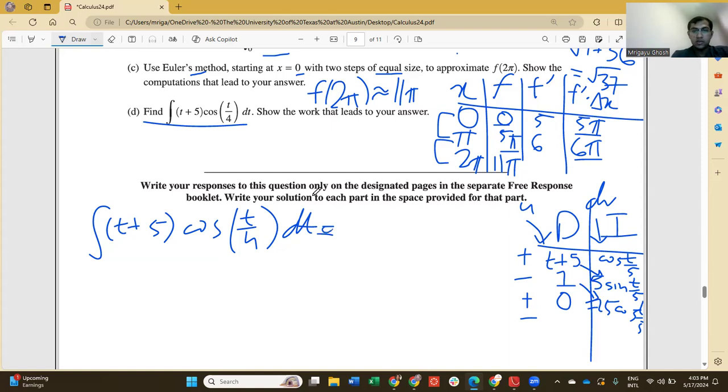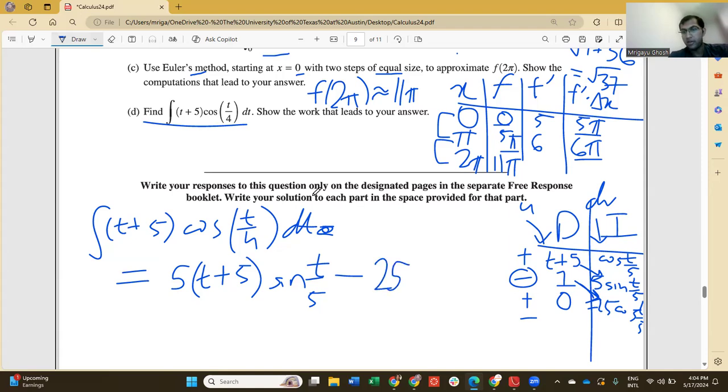So that means this, I'll write it down here, is going to equal 5 times t plus 5 times sine of t over 5, minus, because I have my minus sign here, remember to alternate, and that's a 1 there, so I can just directly have 25 cos of t over 5.